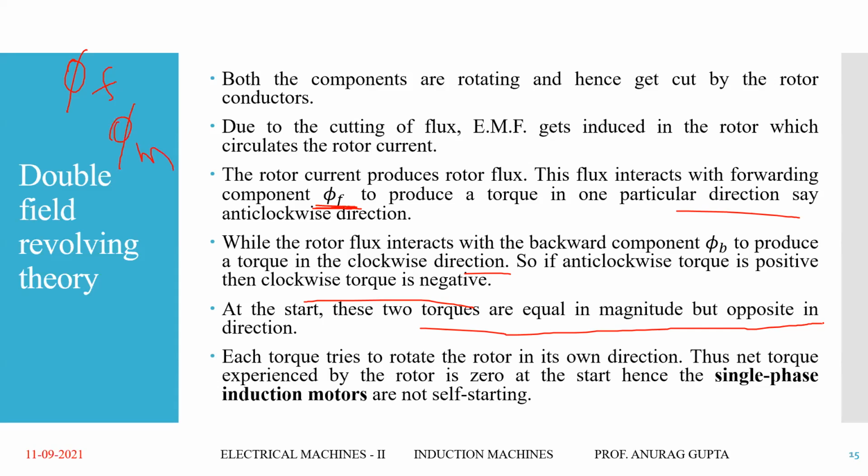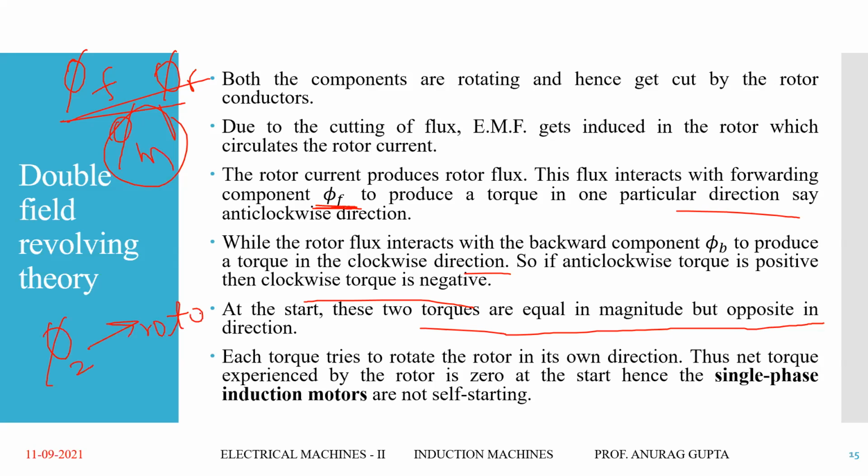What is the double field revolving theory? Is there any doubt? We have discussed there are three fluxes. First is phi f, second is phi r. Both are components of the main flux, called the stator flux, and both fluxes phi f and phi r are linking with phi 2, that is called the rotor flux. Clear?